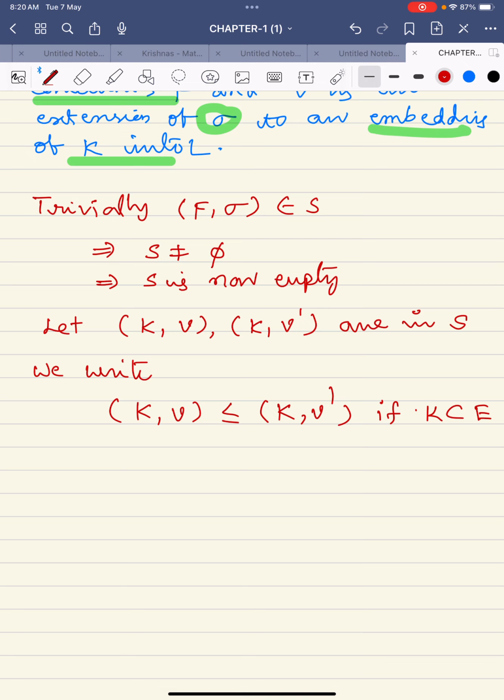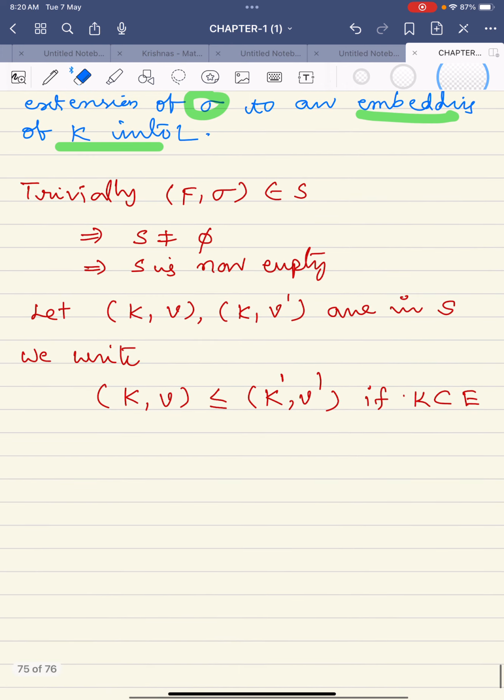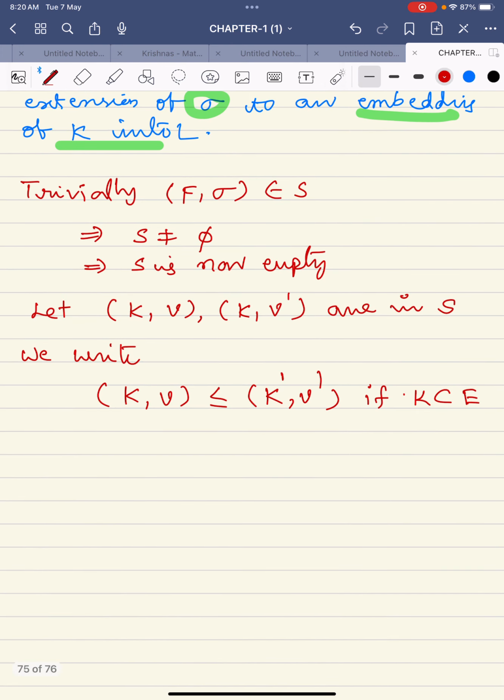Let us take a small modification. Small correction: let us choose two ordered pairs K comma V and K dash comma V dash in S such that the ordered pair K comma V is less than or equal to the ordered pair K dash comma V dash.